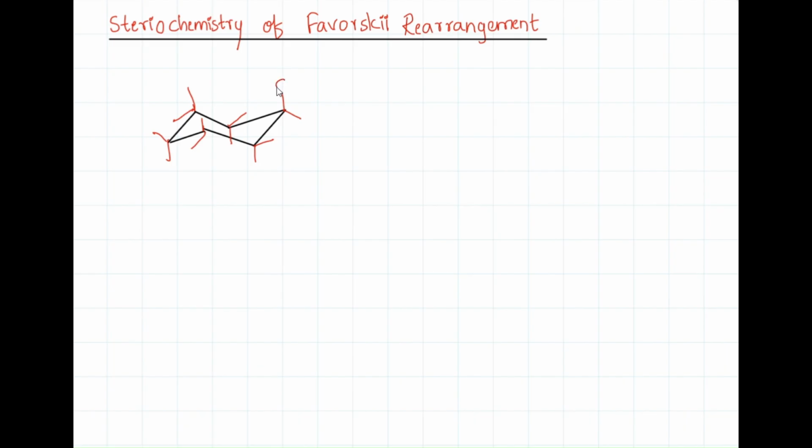This is axial and above the plane, axial and above the plane, equatorial and below the plane, and this is equatorial above the plane, this is axial below the plane.